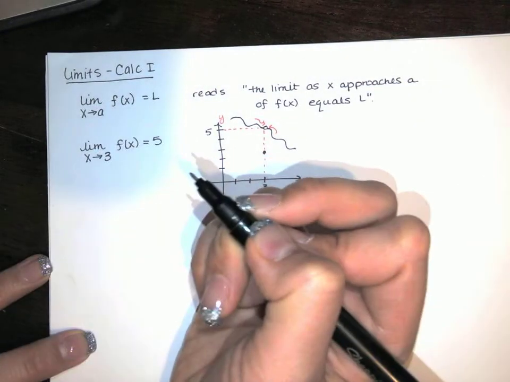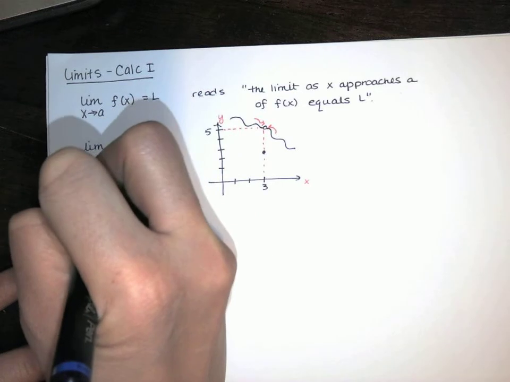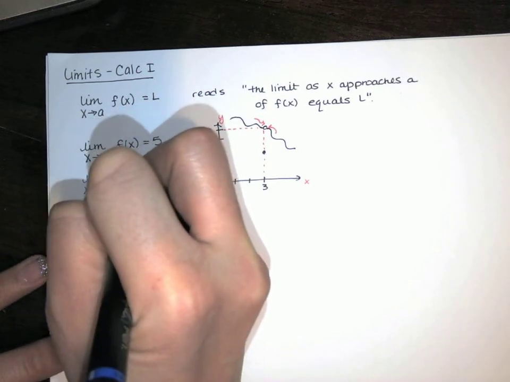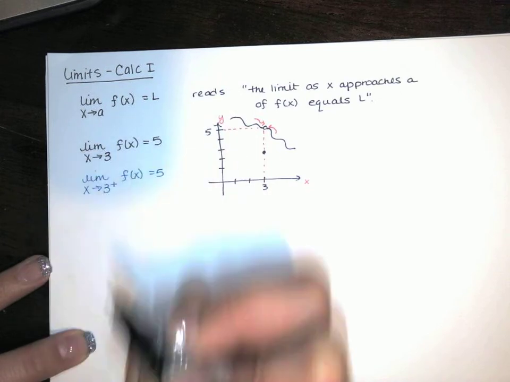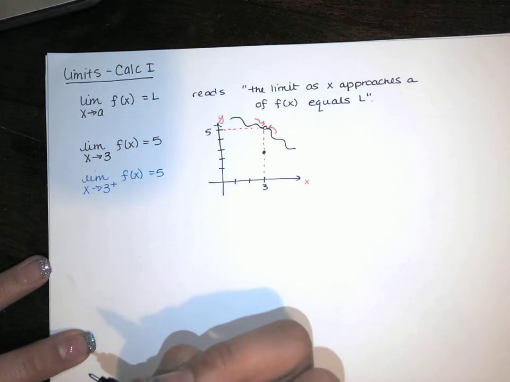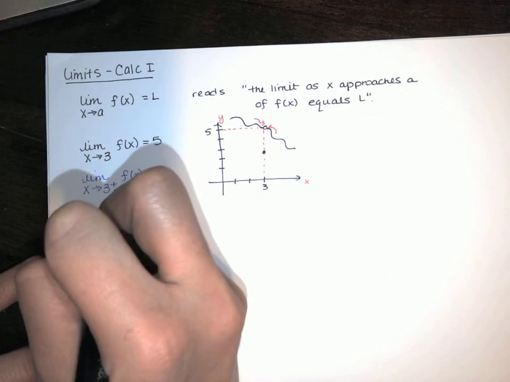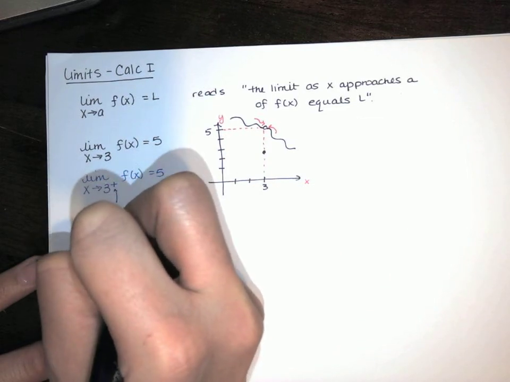Now here's just some more notation. If I put a little plus sign up here and to the right of that 3 as a superscript, this means x approaches 3 from the right.